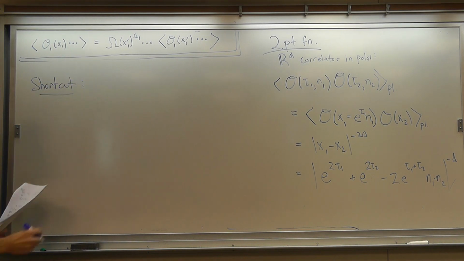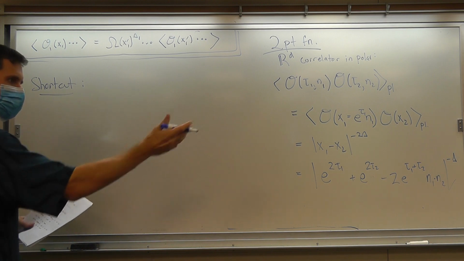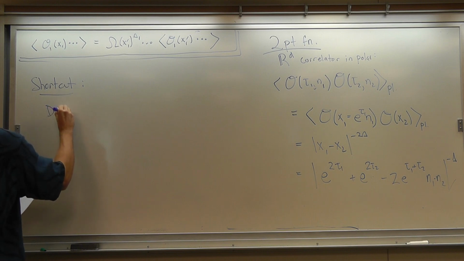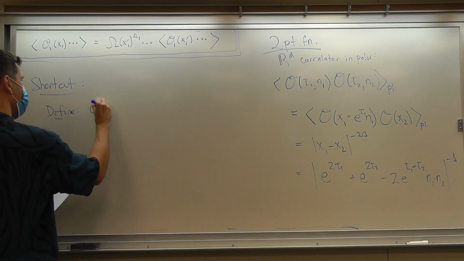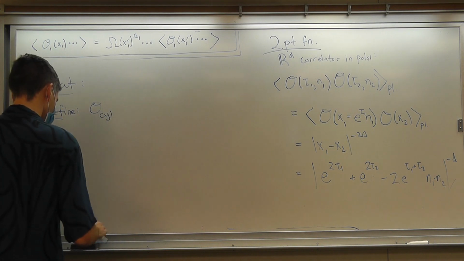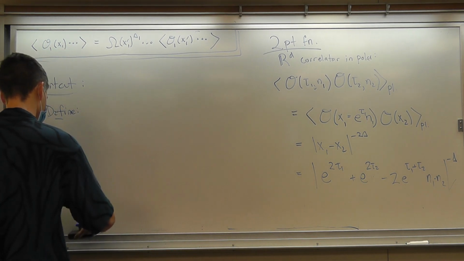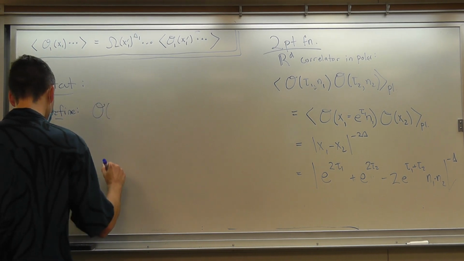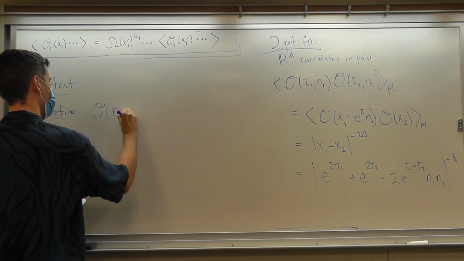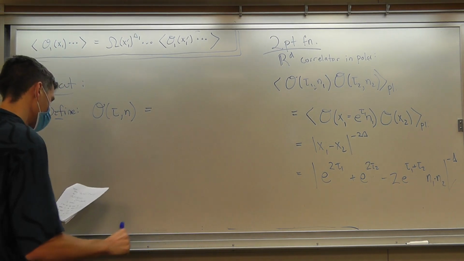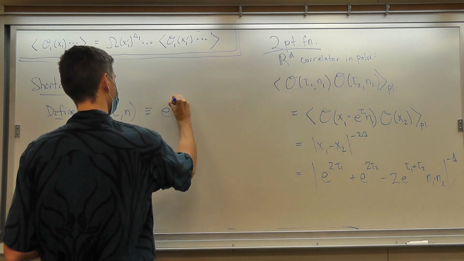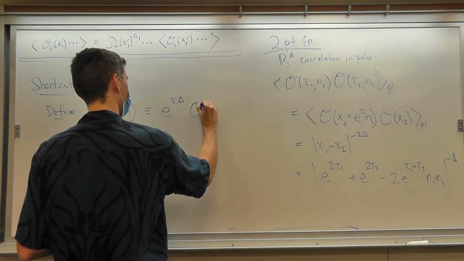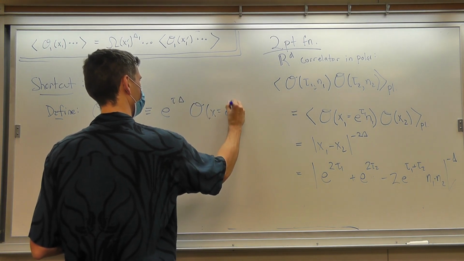I went through that slowly and carefully to get the core to do everything using steps. But there's a shortcut to do this. That is to define this 2-point function, which is what people often use, which is just to define O of tau n to be e to the tau delta O of x equals e to the tau n.